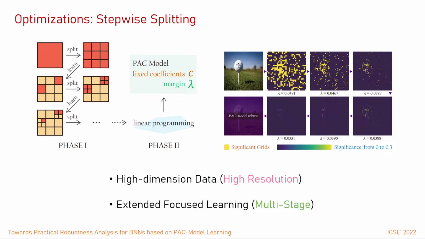The significant grids will be further split and refined. Here, we illustrate the stepwise splitting with a golf ball image. One can see the fineness of the grids evolve. The significant features are extracted and refined iteratively.